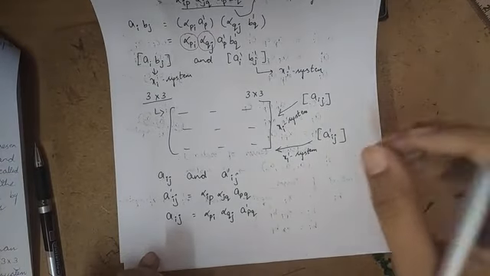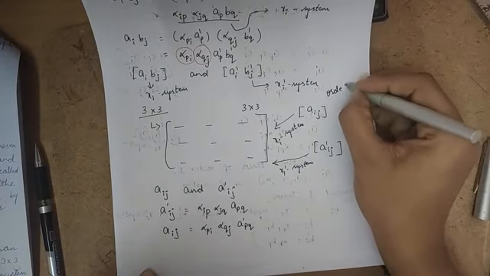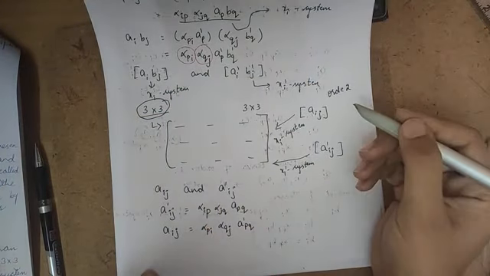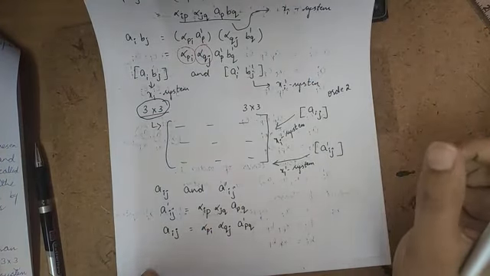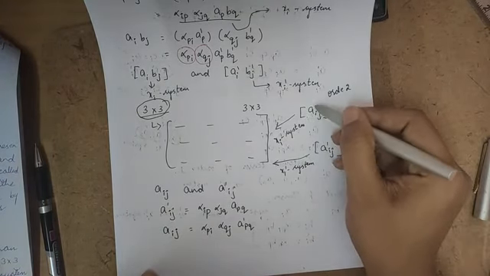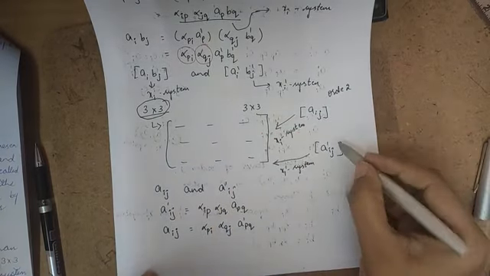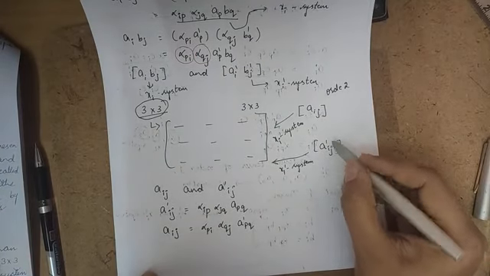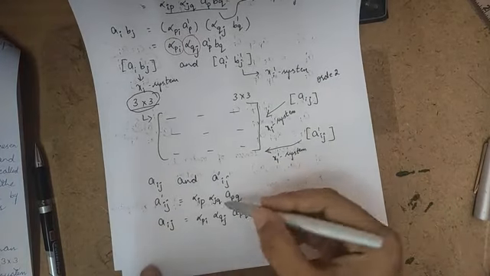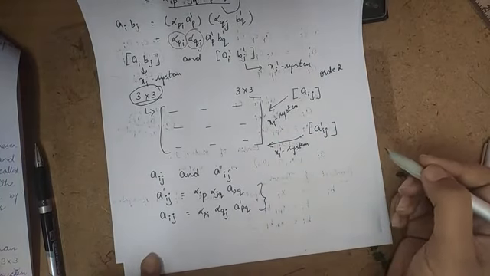Okay, I repeat, a Cartesian tensor of order 2 is an entity that may be represented as a 3 cross 3 matrix in every Cartesian coordinate system, if the matrix Aij is the representation of the entity in Xi system and A prime ij is the matrix representation of the entity in Xi prime system, then Aij and A prime ij obey these transformation rules.